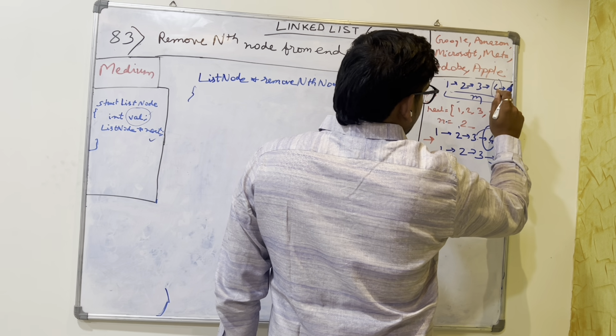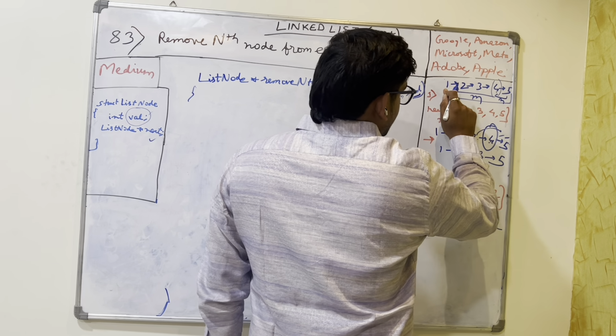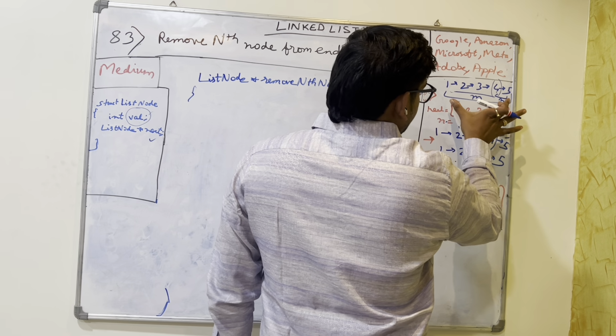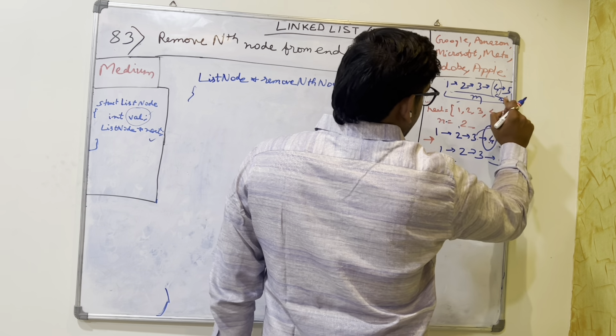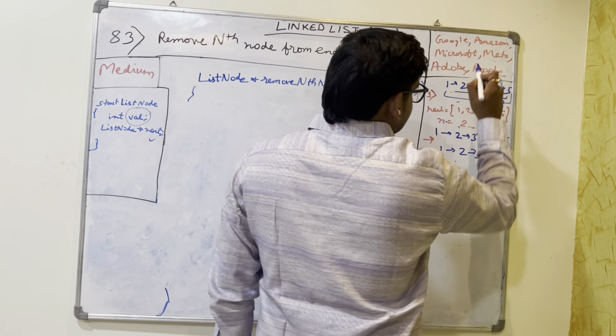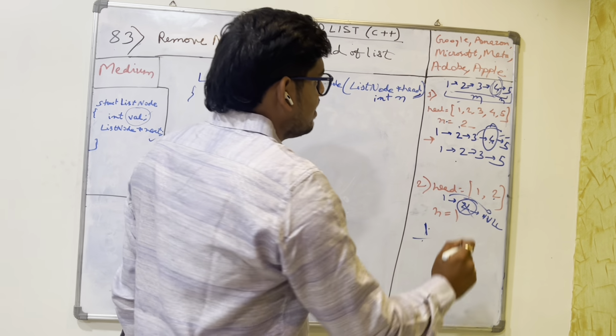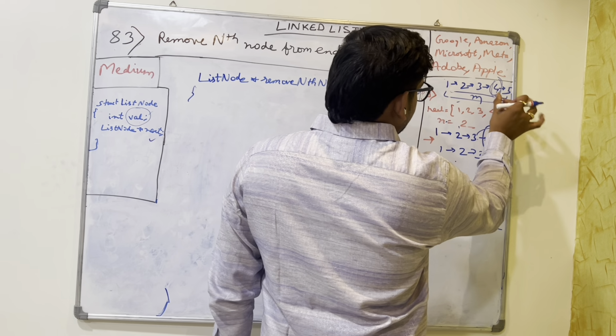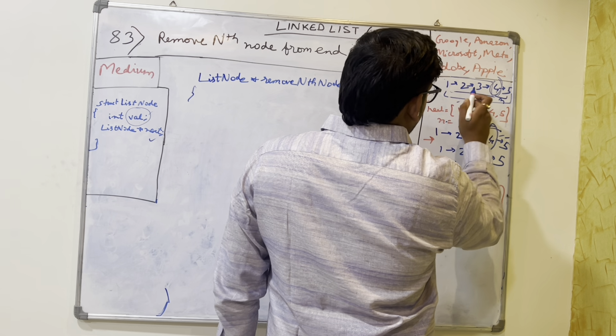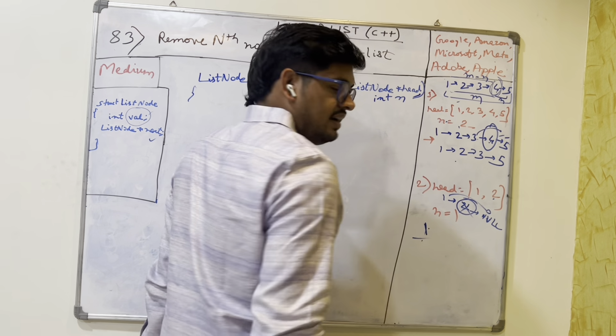So if we need to remove this nth element, and we are traversing from here, so if we do m minus n, then we will get this length, right? Because this is m and this is n, so this distance is actually m minus n, right?